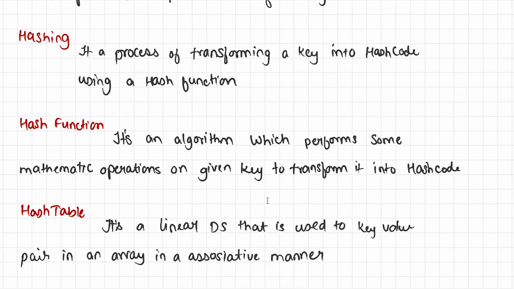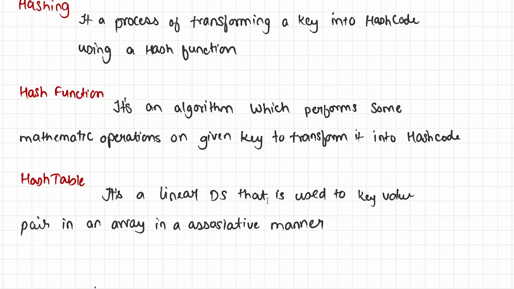Just to give you some context, let me recall once again what is hashing, what is hash function and what is hash table. Hashing is just a process of transforming a key into a hash code using a hash function. And what is a hash function? A hash function is an algorithm which performs some mathematical operations on a given key to transform it into a hash code. And what is a hash table?